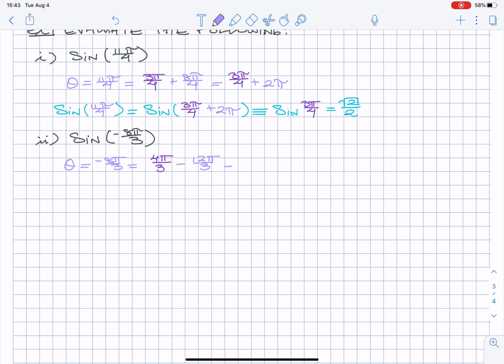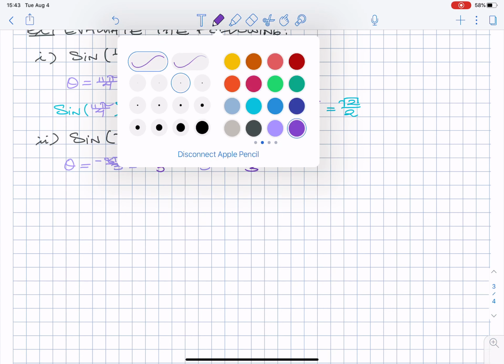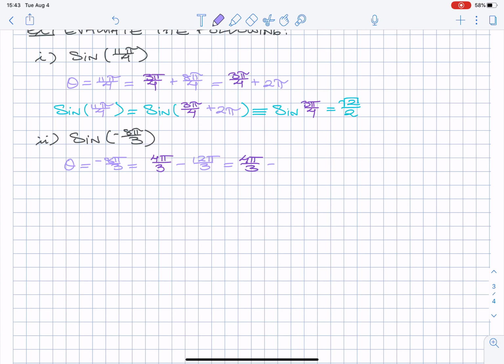And the reason I'm doing that, 4 pi over 3, is because 3 goes into 12 4 times, right? So I claim that this is minus a 4 pi, which is 2 revolutions, agreed?